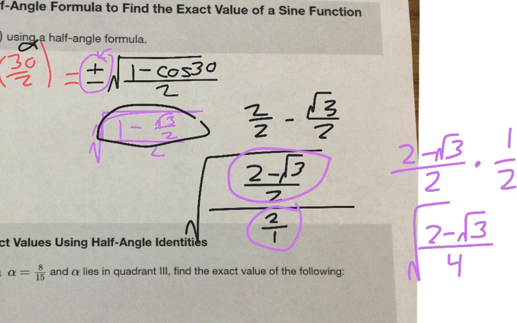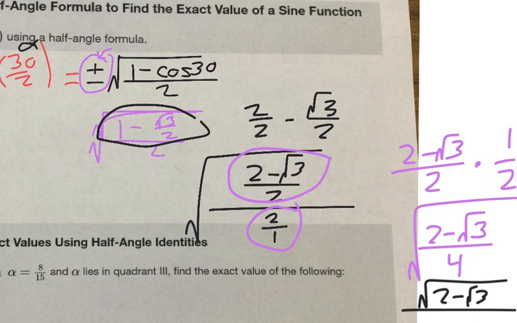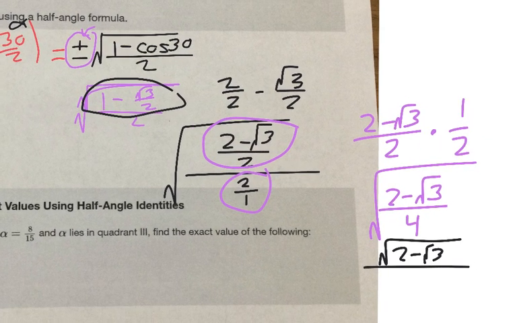When you have a fraction underneath the radical, you can break that radical apart. You could do the square root of the numerator over the square root of the denominator. But we know what the square root of 4 is. The square root of 4 is 2, so I can drop the square root. Everyone okay with that?